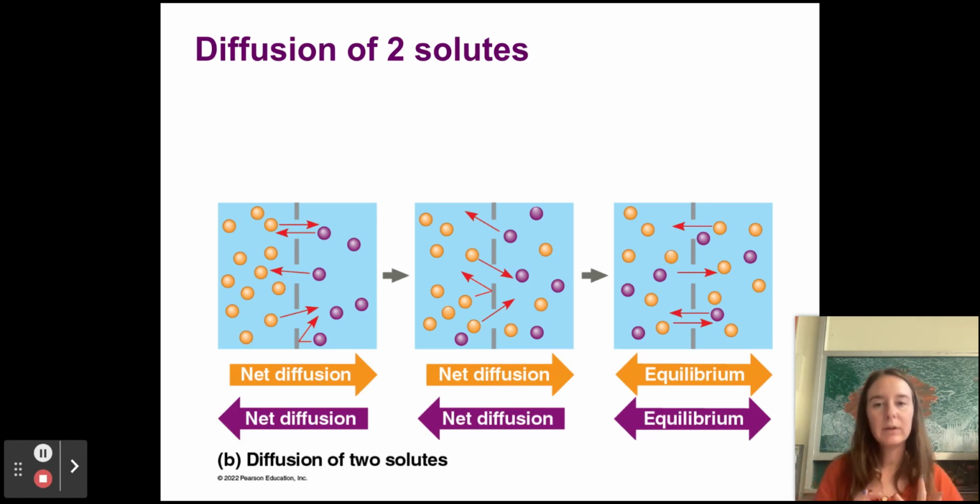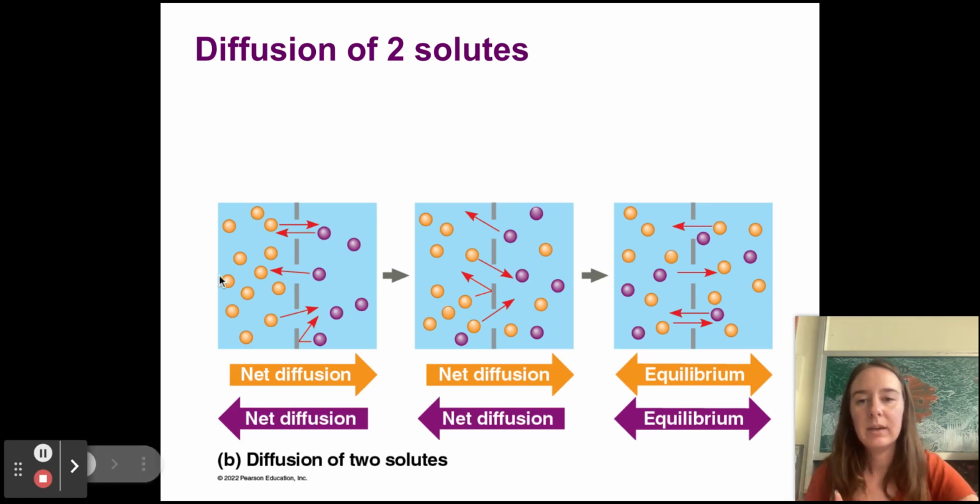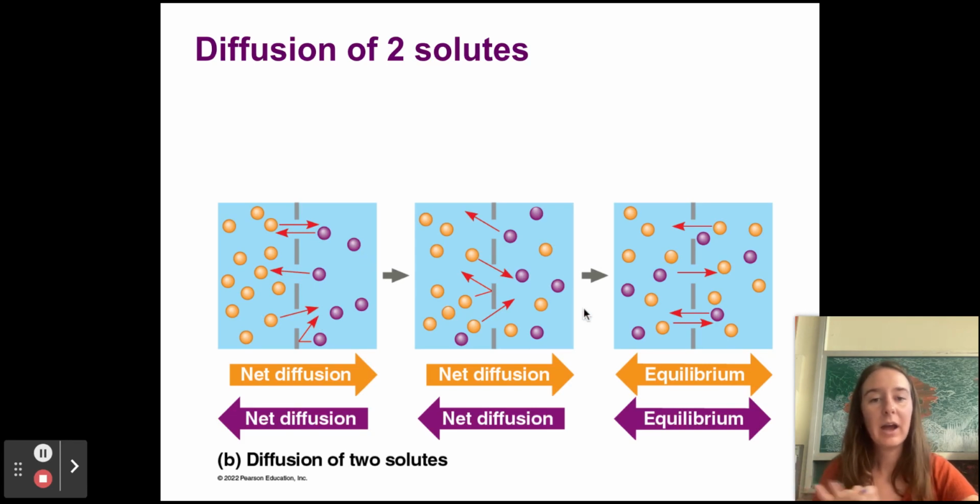Now, it's important to note that the diffusion of a solute is not dependent on the presence of other solutes. Just because there are other purple molecules on the right side, because they're different types of solute, totally different molecules, they're not going to impact each other's diffusion rate, or how much is diffusing on each side.